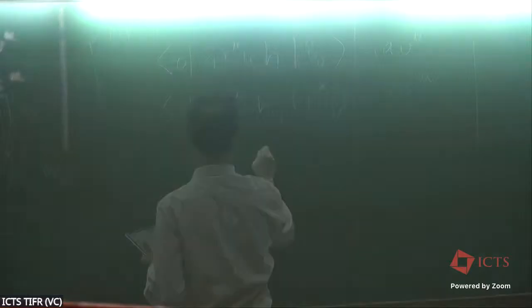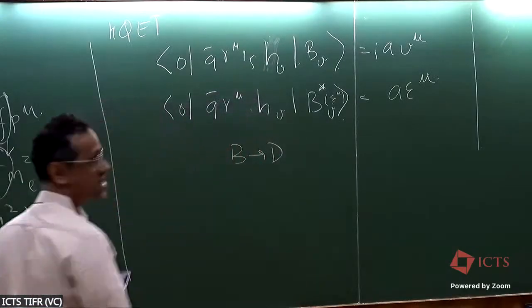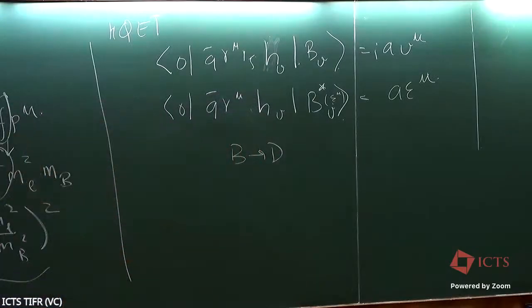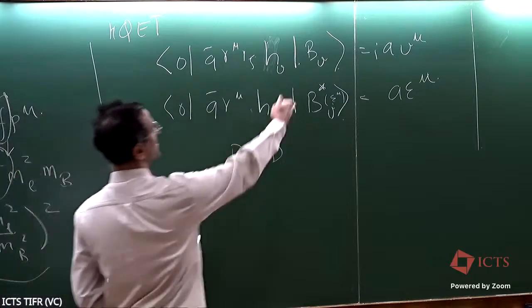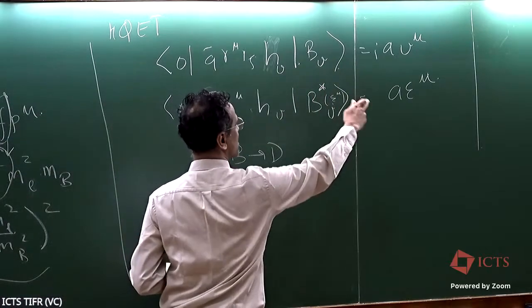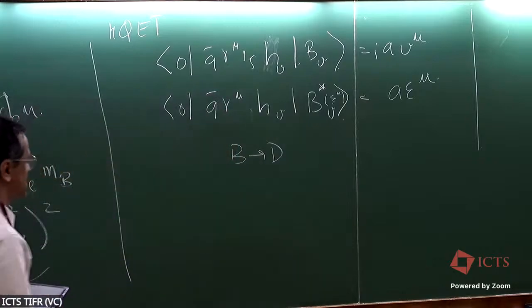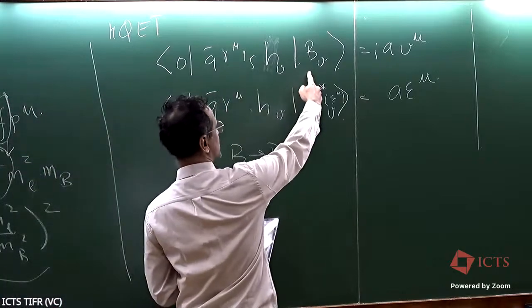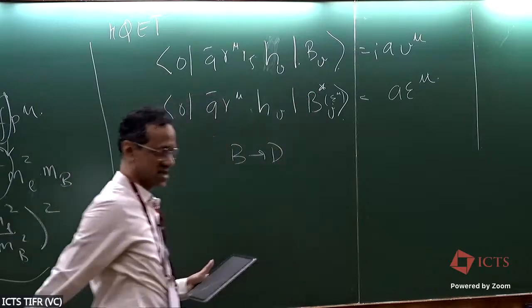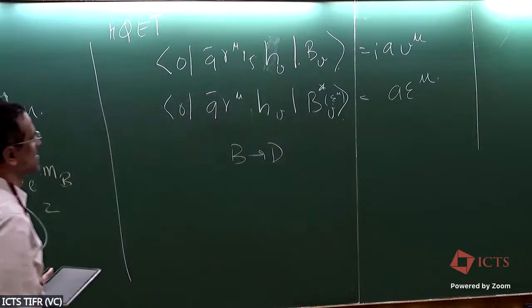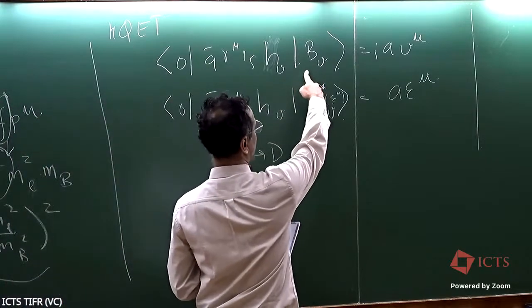So B equals to D. Then in heavy quark symmetry, once again, MQ is infinite essentially, so all these remain the same, except for the fact that the states are normalized differently in the two cases, right? This was normalized to be root MQ.